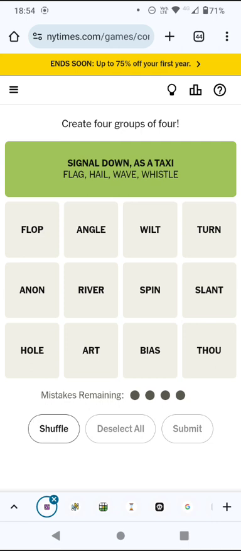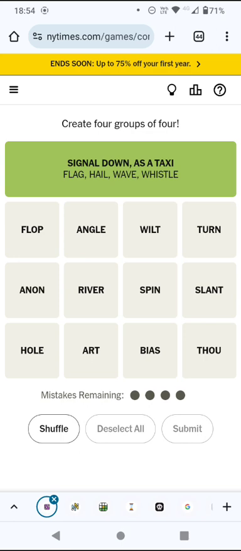Turn table? River bed? Is it just words that can come before furniture? Angle grinder? I've got no idea. Hole and art.